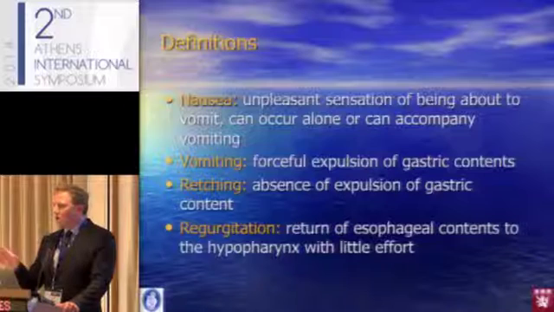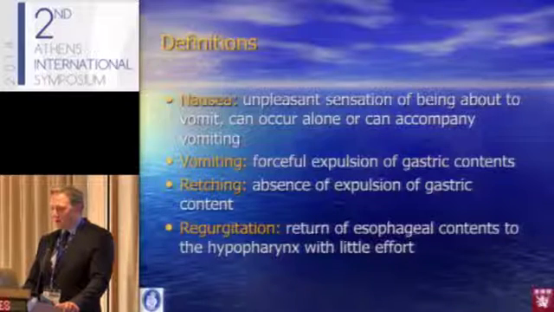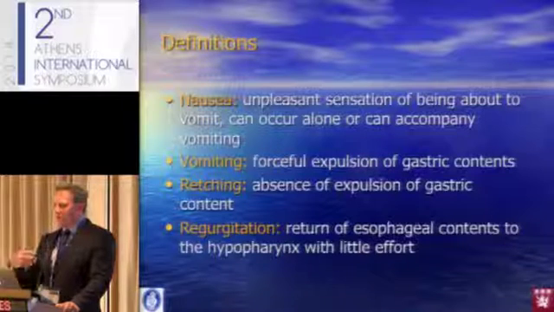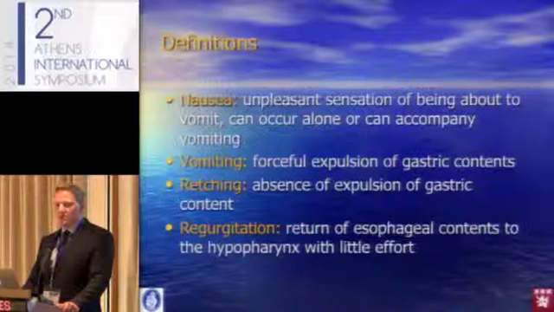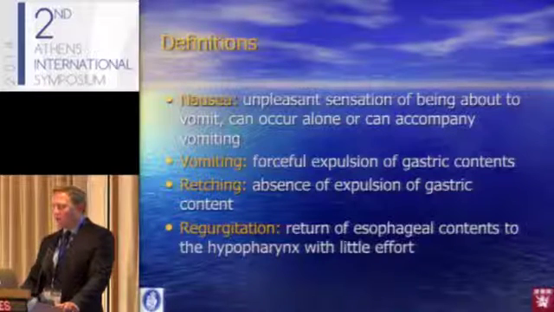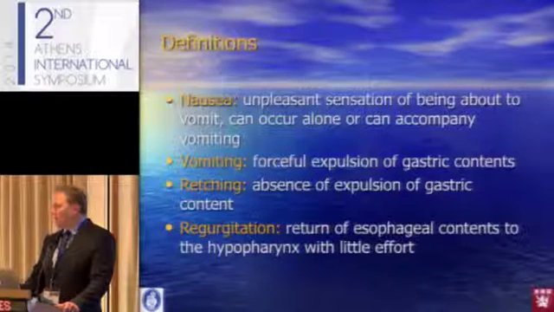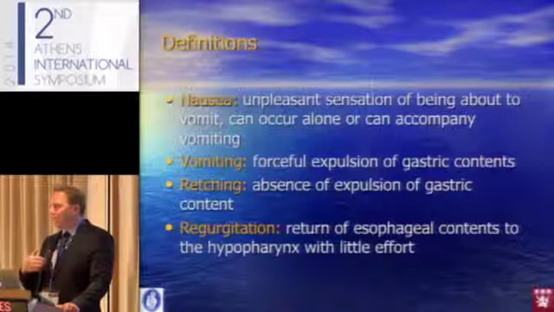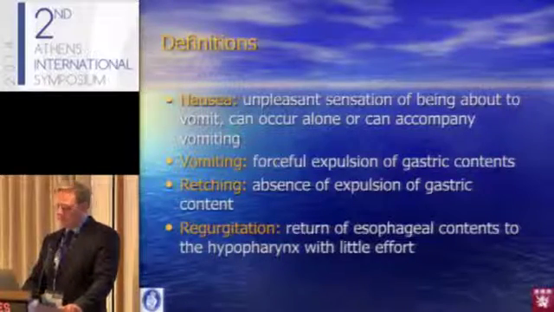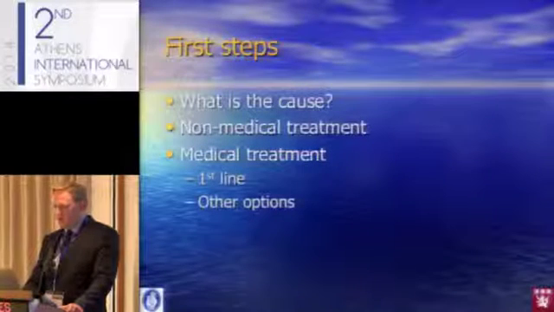So it's a finely orchestrated mechanism that the body has. Retching is the gagging mechanism, but without any gastric contents coming out. Regurgitation is something else. That's actually gastric contents coming up into the hypopharynx with little effort. So a little bit different definitions here.